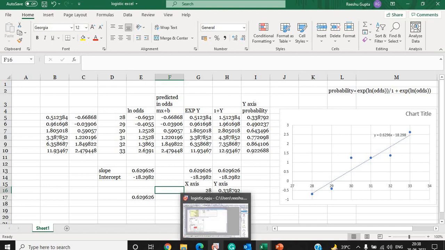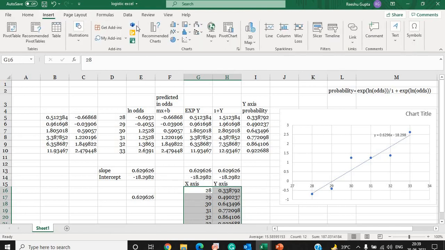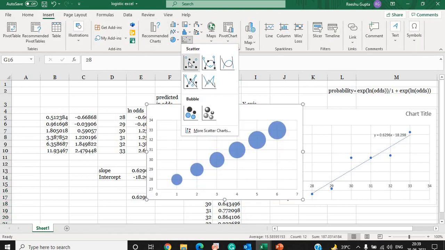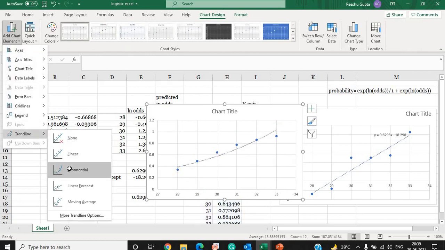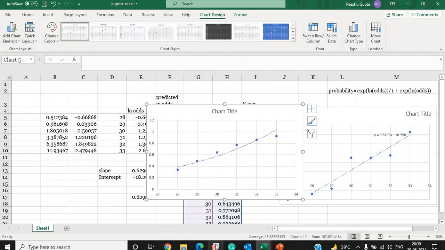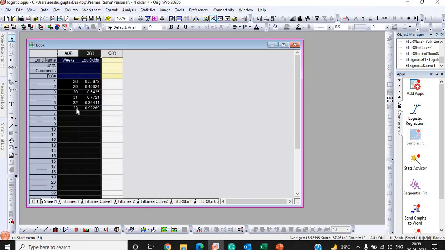Now you can either do it using Excel itself. You can just go here and make a scatter plot, and you can use a trend line which is exponential, so you'll get something there. But you can also use software like this.